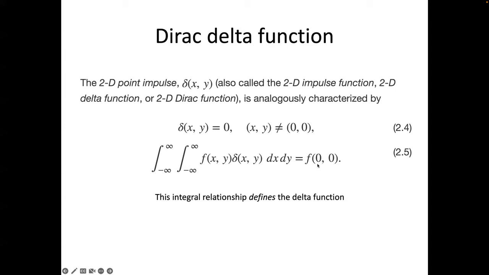That's what pops out of this integral here. And you can construct delta functions like this rectangle that gets narrower and narrower as the limit. But the net result, the way we use the delta function, is right here in equation 2.5. So that can be thought of as the definition of what the delta function is.